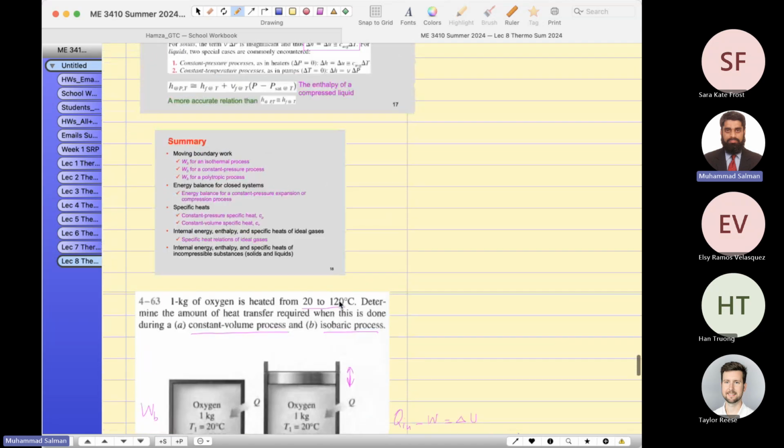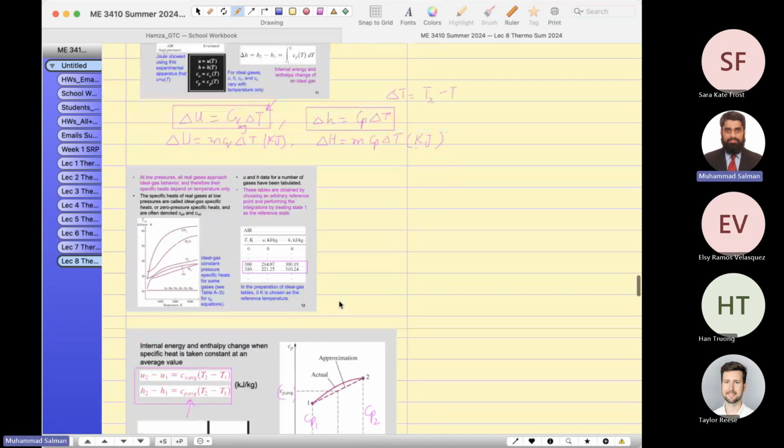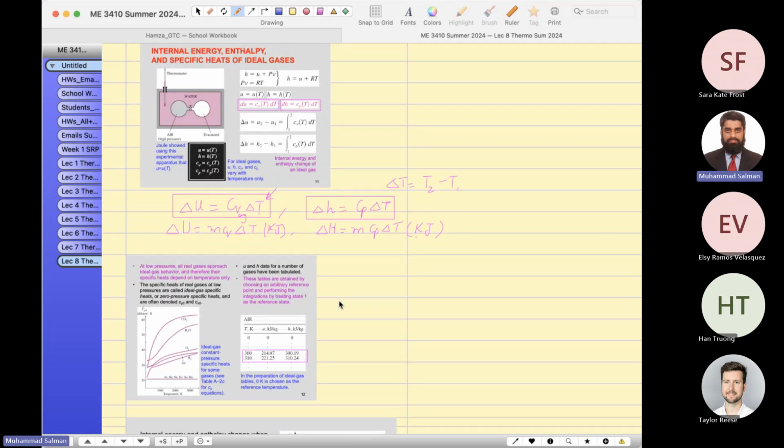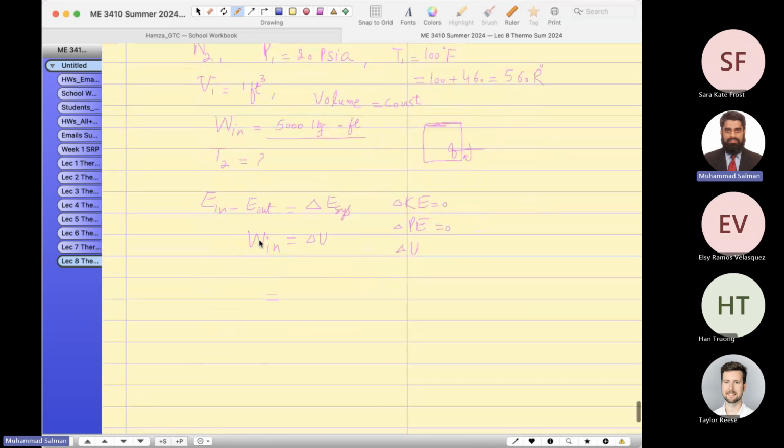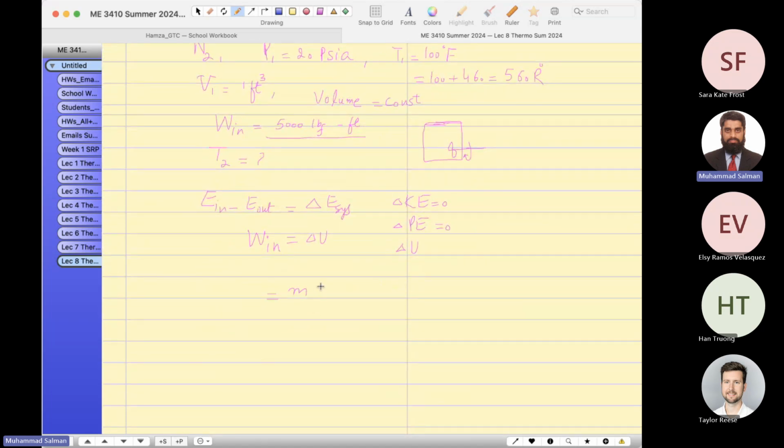You already know this formula. Delta U equals M Cv delta T. So I can write this down as M Cv delta T, and Cv for nitrogen.